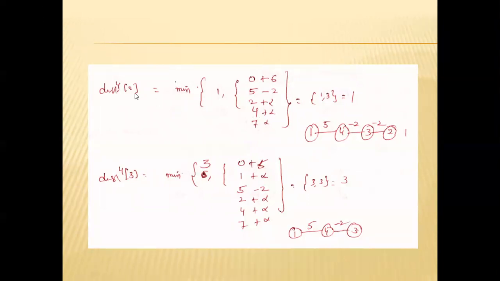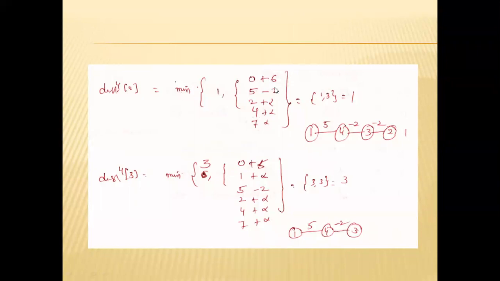So distance power 4 is the minimum of distance cube 2 comma distance 2 plus cost of 2 comma. You are finding the shortest path by using four edges.